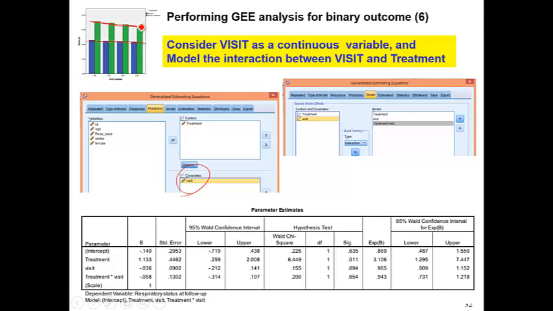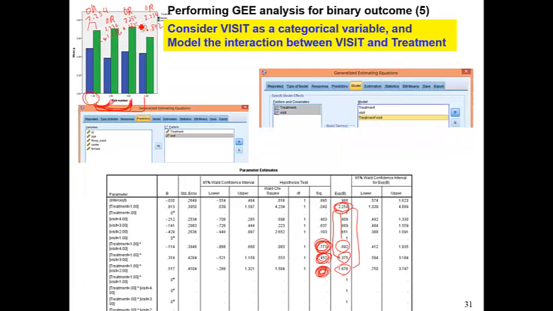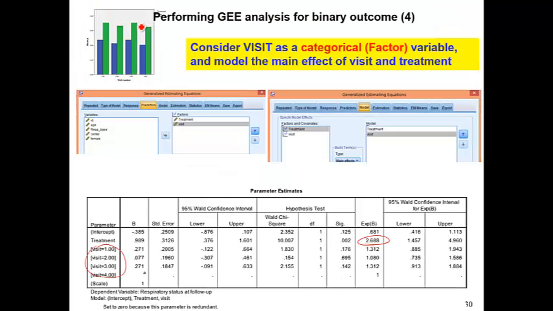Okay, so effective visit, instead of recognizing it as up and down, you put the visit as a factor in this model. This sign means it shows the confidence interval around the mean, so you're comparing the means. That means you're treating visit as a factor.